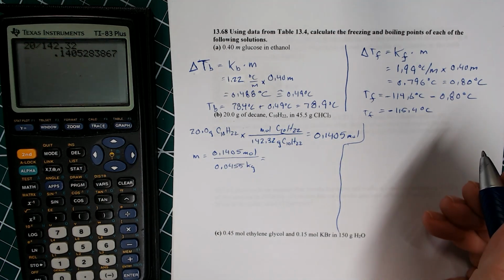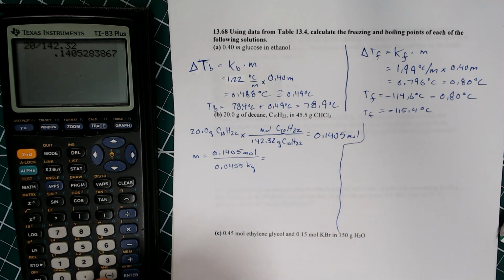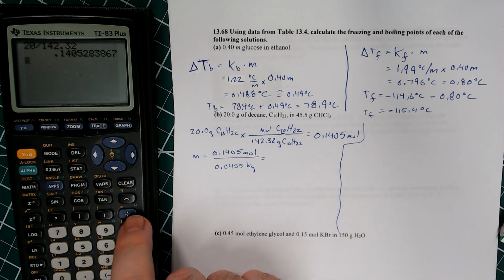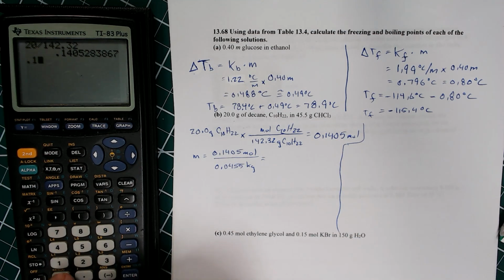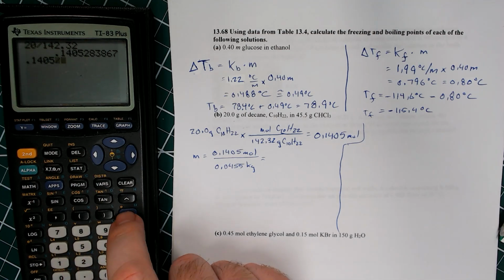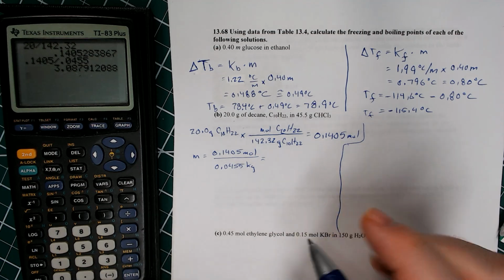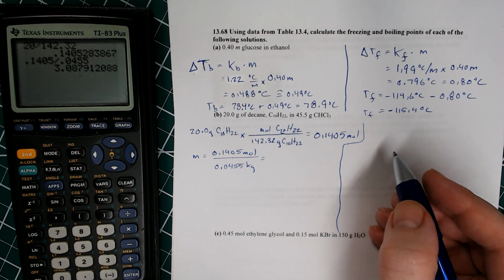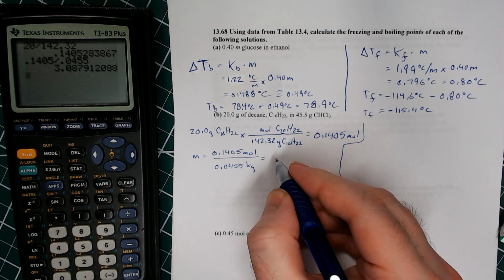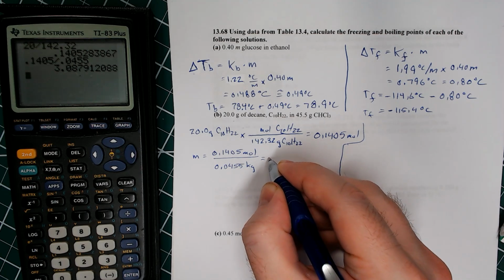So 0.1405 divided by 0.0455, and we have 3 sig figs at this point, so we'll call it 3.09.